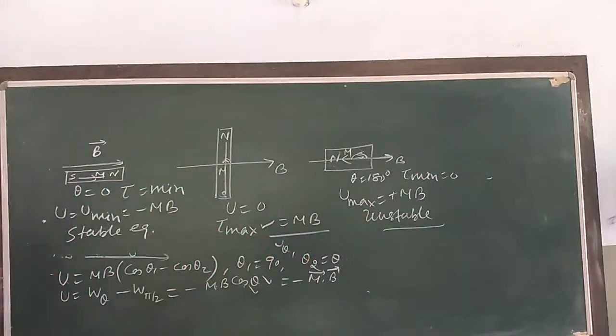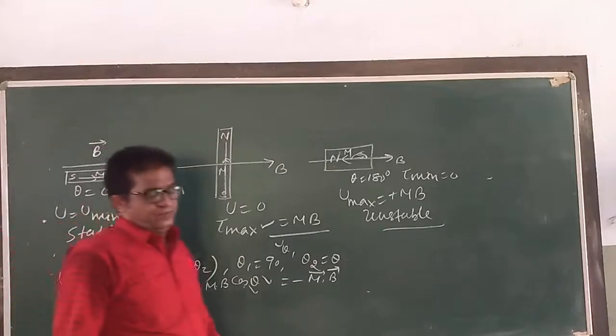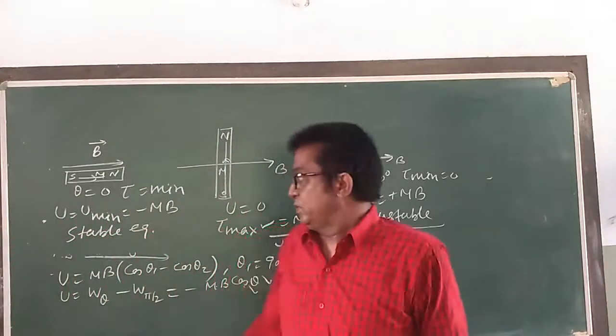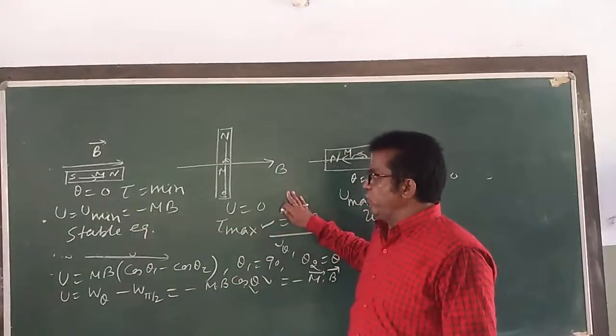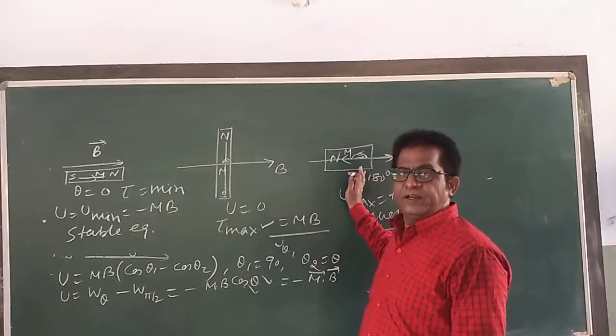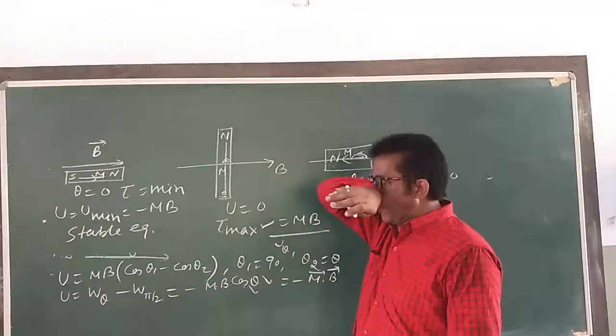Okay, write down. First write down; is there any problem? Then you may ask. These are the different positions of the bar magnet in a magnetic field.